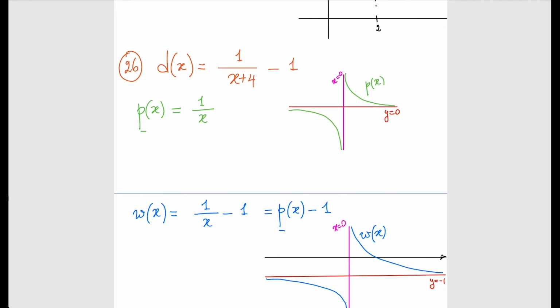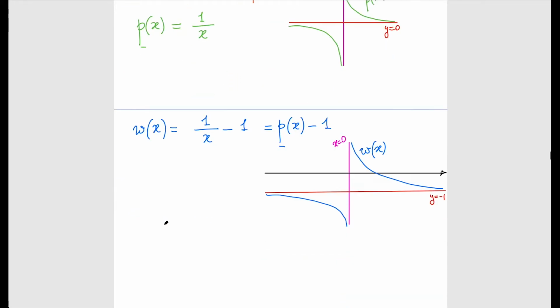What is the relationship between d and w? So d has over here x +4, and this guy is the input in w. So who should this guy be then? If this guy is the same as this guy, and d has x +4, then this guy better be x +4, correct?